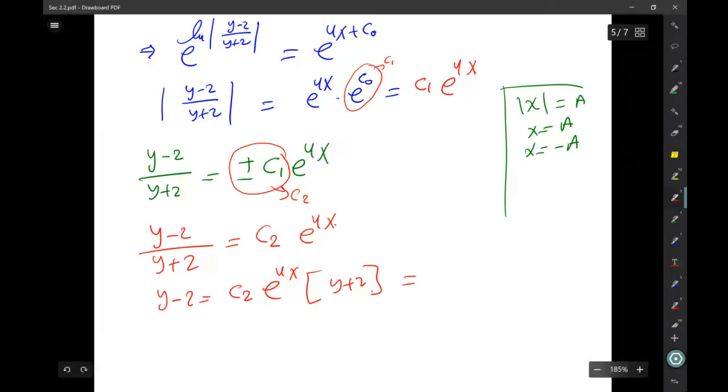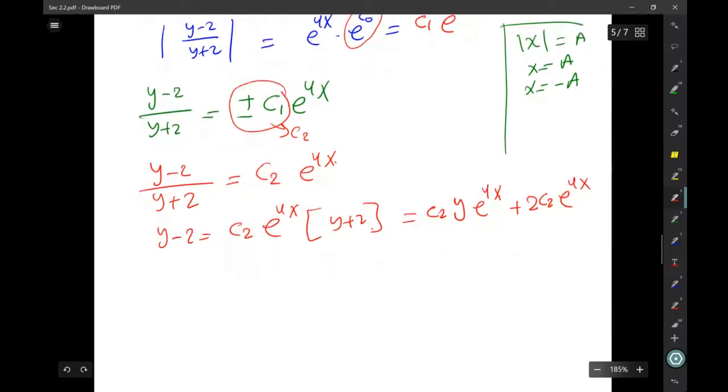Which is, on the right hand side, c2 times y e to the power 4x plus 2 c2 e to the power 4x. Now take this term to the left hand side, and minus 2 to the other side.